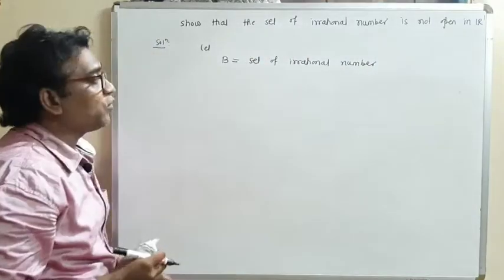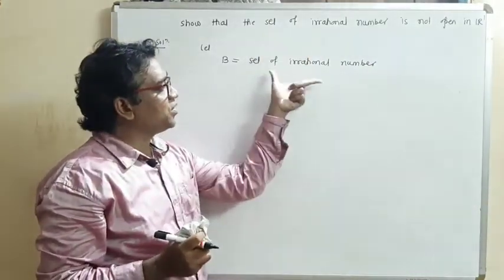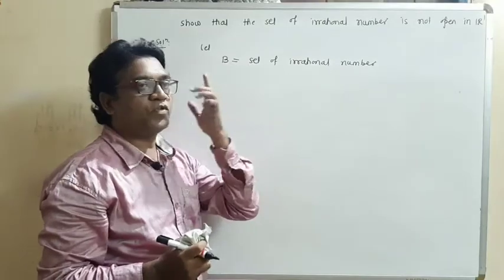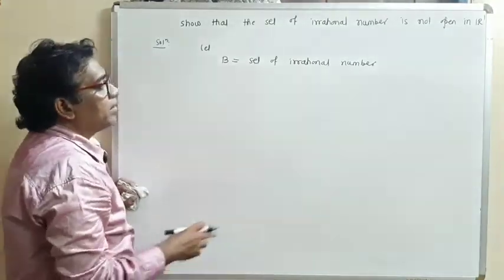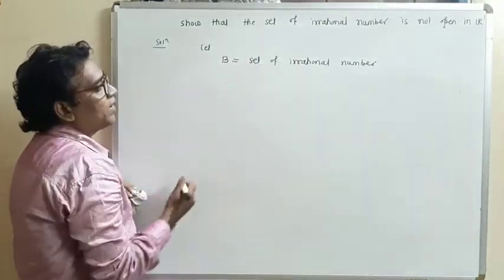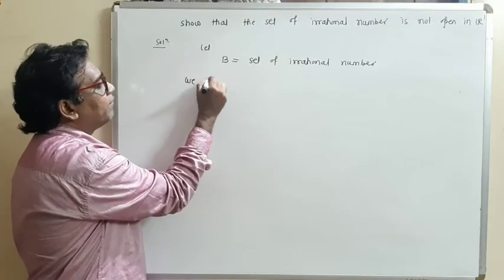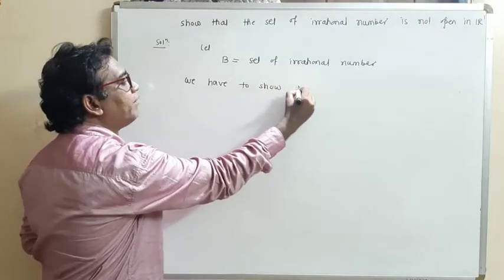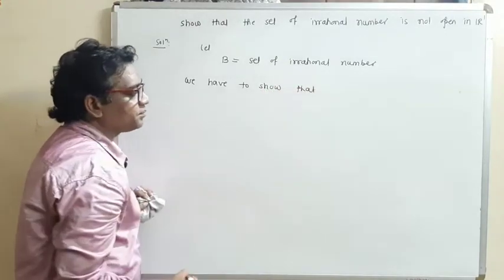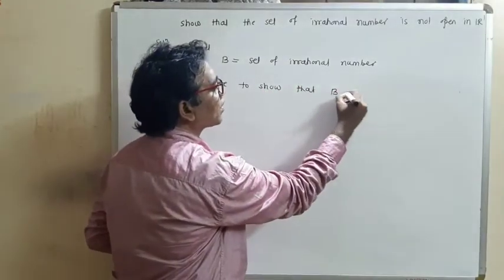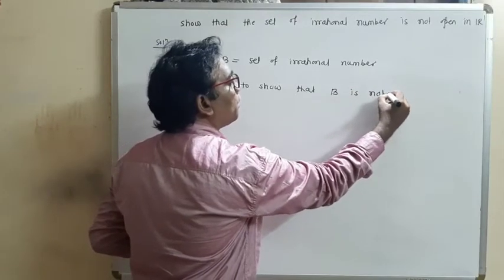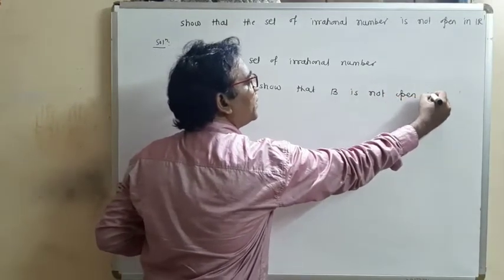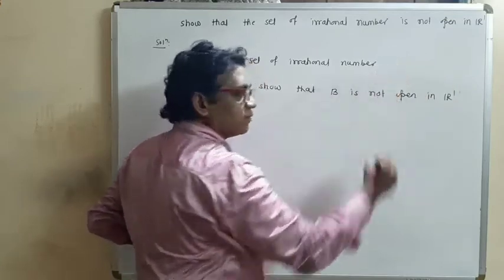We are given the set of irrational numbers, so let us denote this set by B. Now we want to show that this is not open in R1. So right here, we have to show that B is not open in R1.